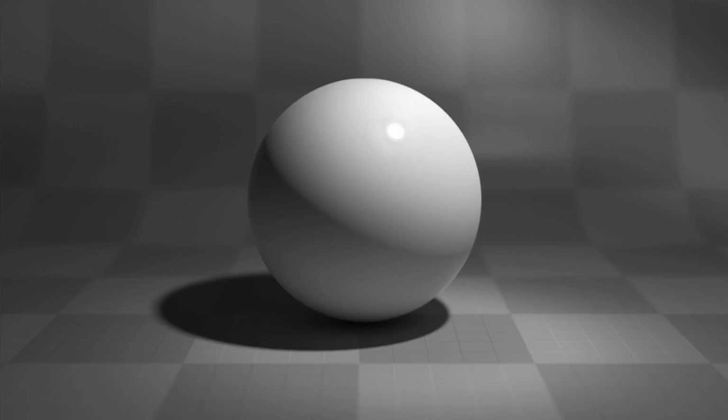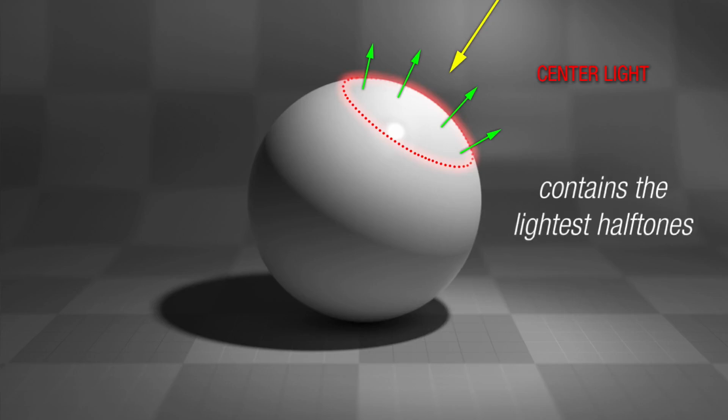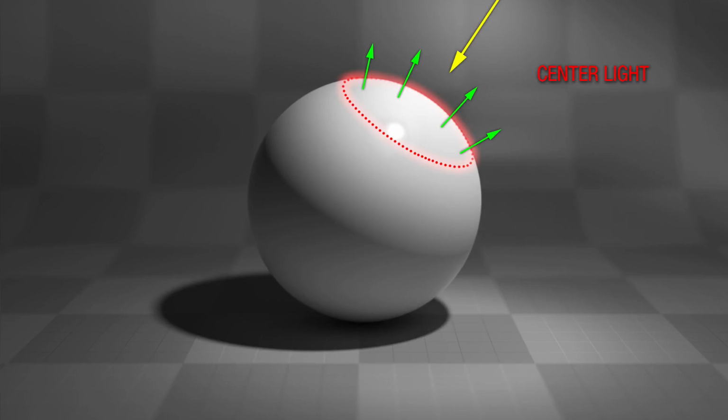There is a useful name to describe the general region of the lightest halftones. It's called center light. This is the area where the surface of an object points most directly towards the light source. Because of this, it contains the lightest halftones, but it's not the same as the highlight.